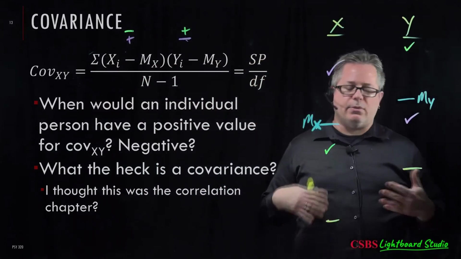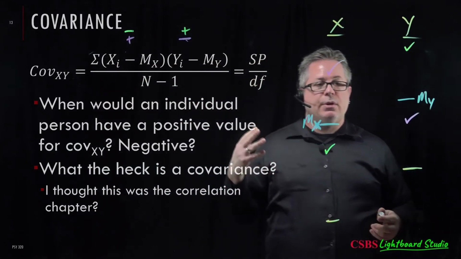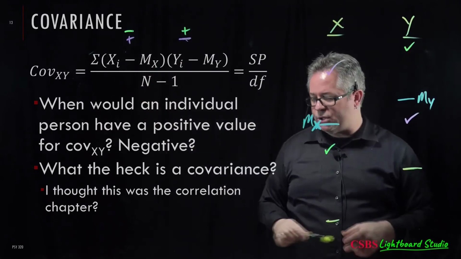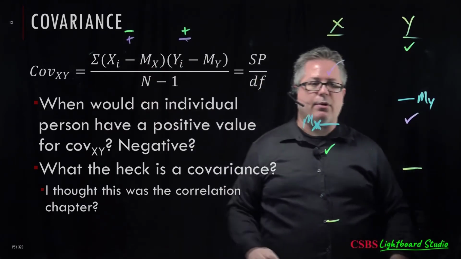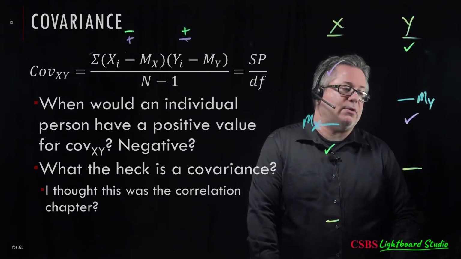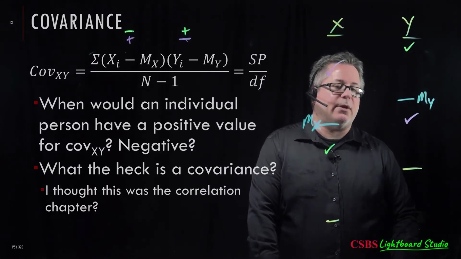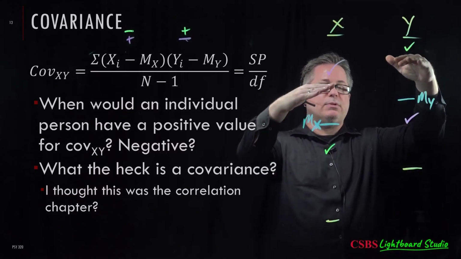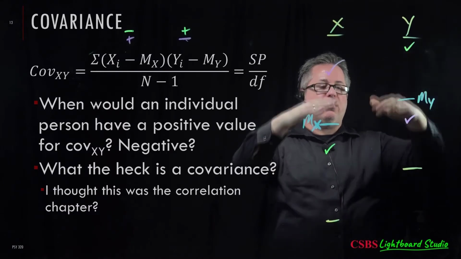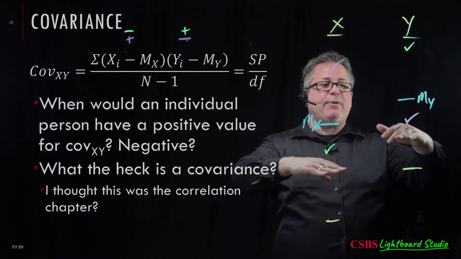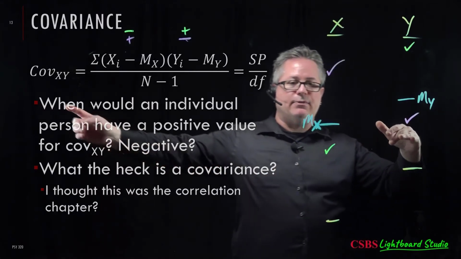All right, so what does all this mean? The way in which these products actually work is to tell us somewhat about where people are relative to both of the means on the variables. So if people are on the same side of both of the means on both variables, either both above or both below, they're going to contribute positive numbers. If enough people do that, we're going to get a positive covariance.